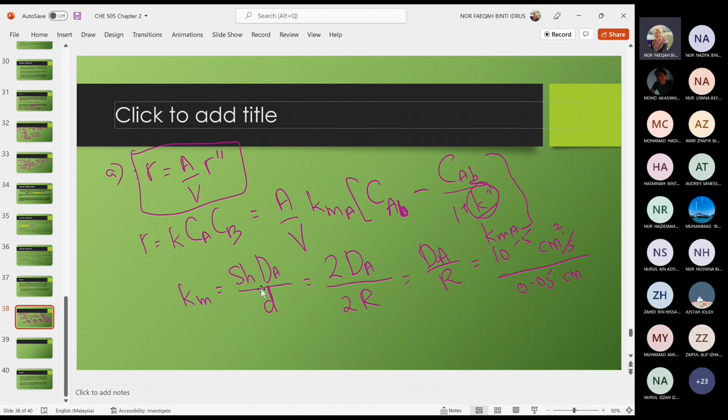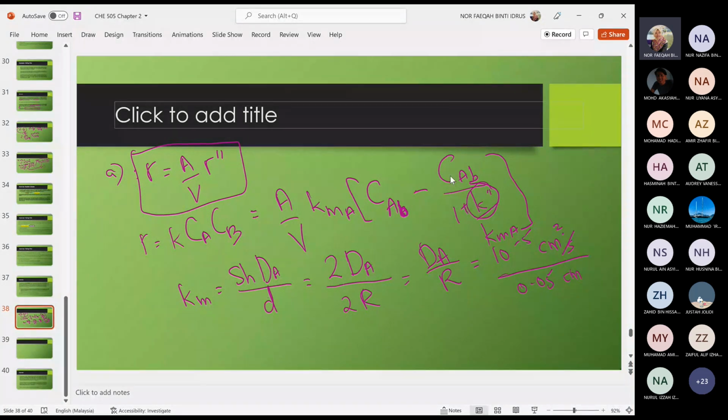We can use the mass balance of B. Ataupun we can make an assumption that this term can be negligible because the value of K ni small. Kalau small, 1 plus ni small, bahagi besar ni too small, CAB. And then another problem is we don't have K prime.